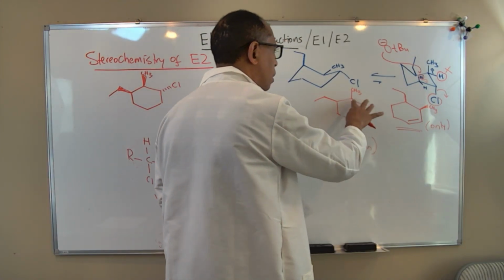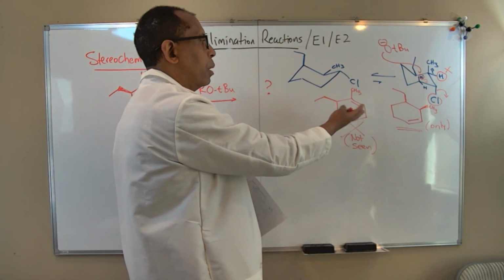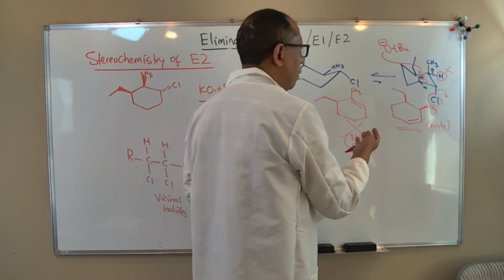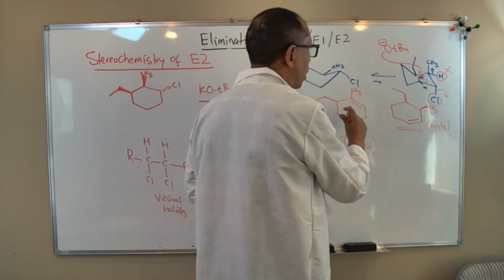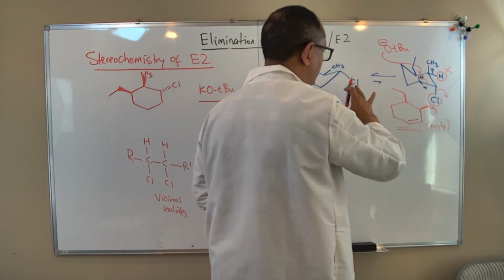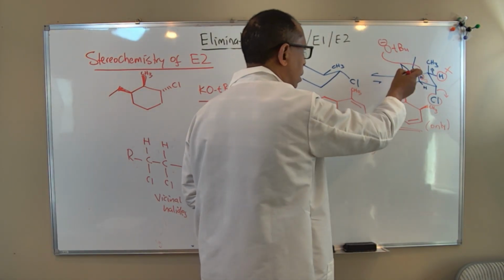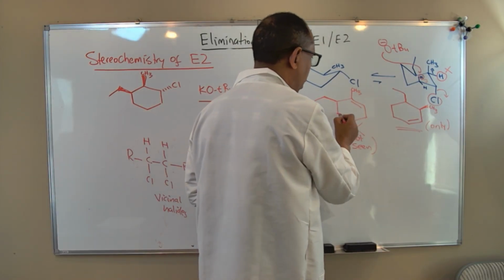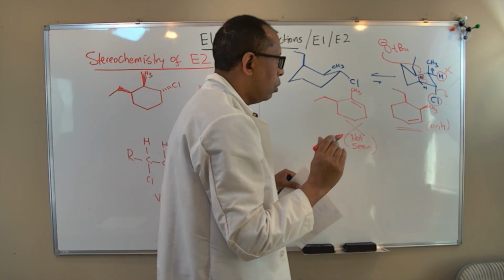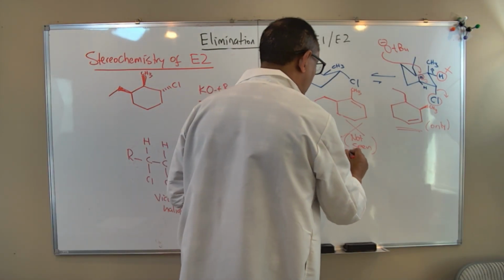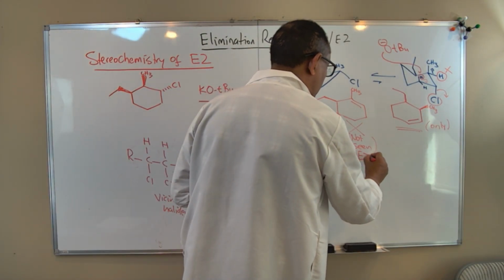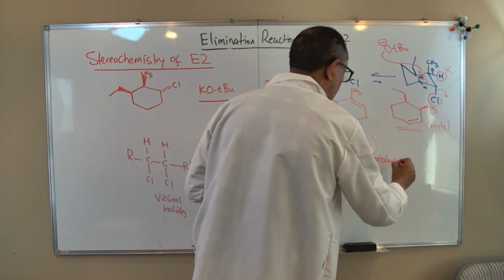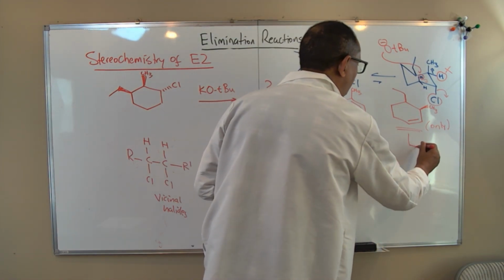But if you are asked which compound is more stable between these two, this would be the more stable one. But because the reaction cannot happen, this reaction cannot produce this product. This is made by another mechanism. No E2 product. This is the only E2 product.